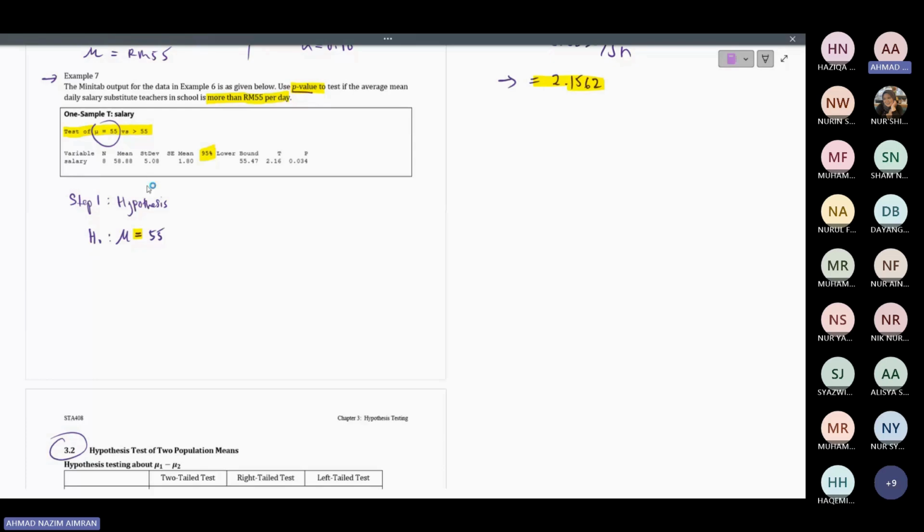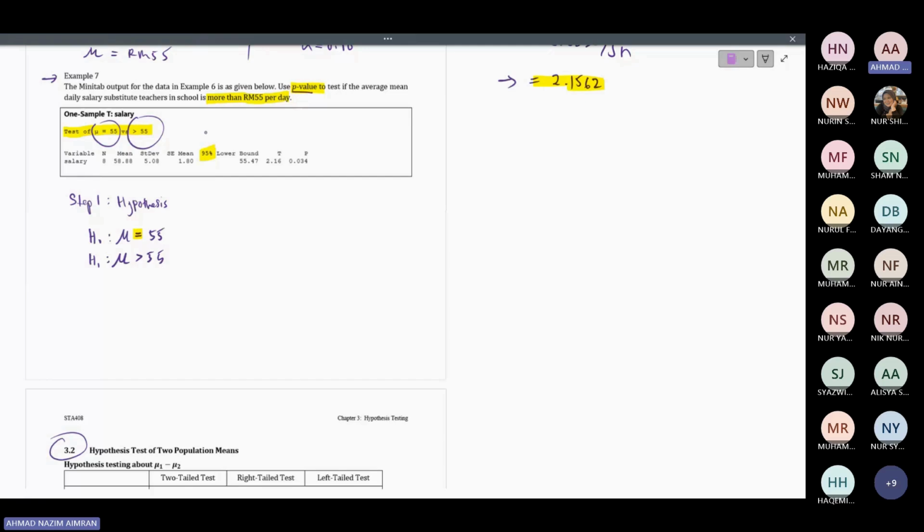For all of the cases, just use the equal to symbol. And for this one, this is actually our alternative hypothesis. So our alternative hypothesis is mu greater than 55 ringgit.